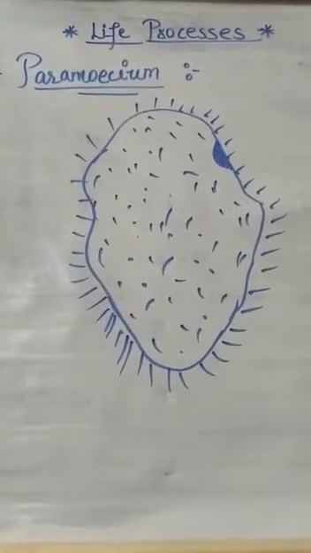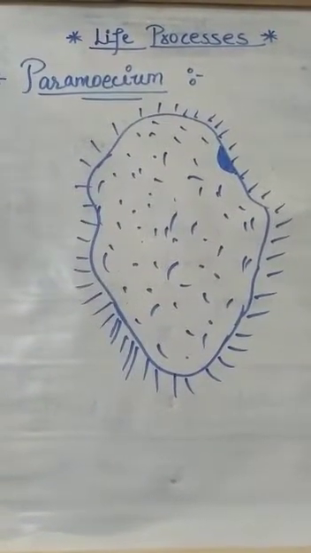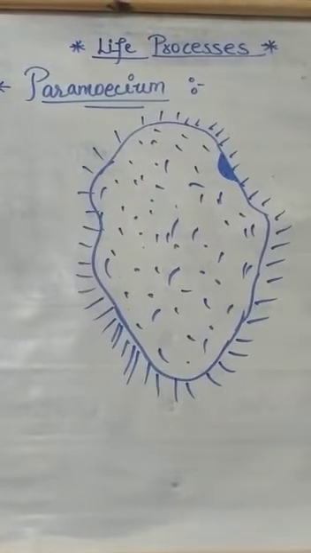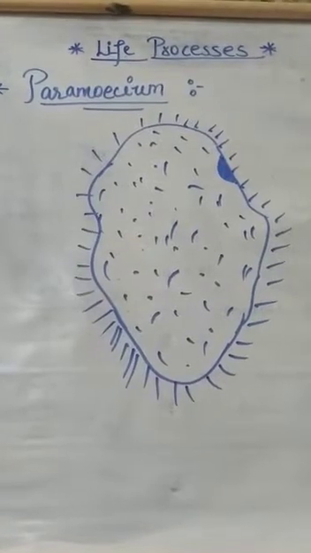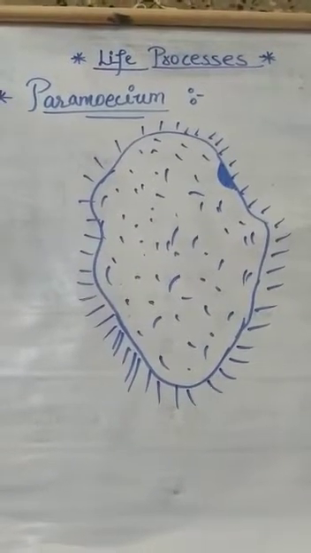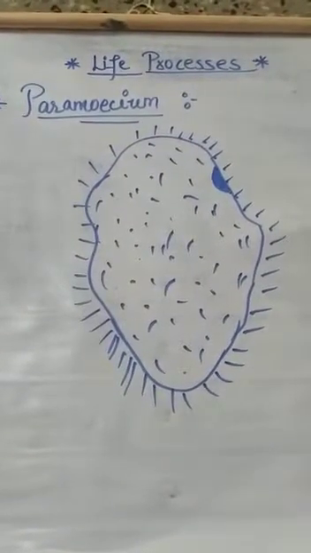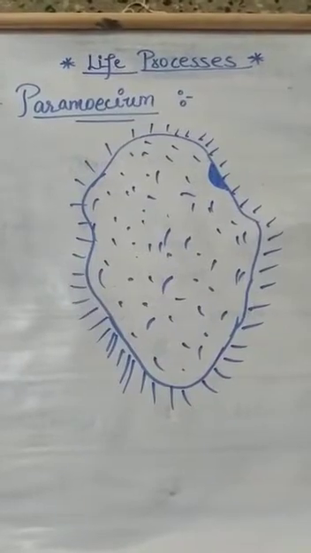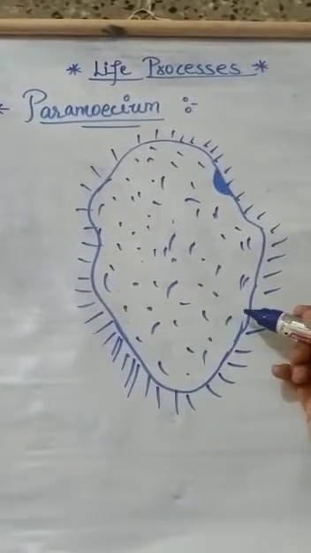Okay students, so this is one more example of a unicellular organism, that is Paramecium, and how it obtains its food. So let us understand how the Paramecium obtains its food. Paramecium is also called as what? Slipper animalcule. Can you see this diagram? Yes.